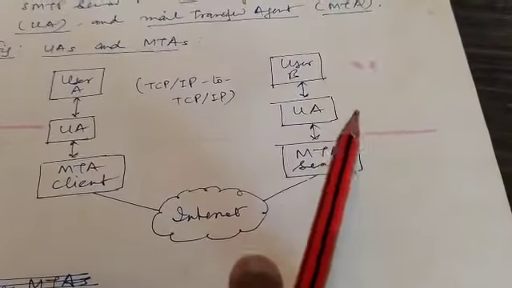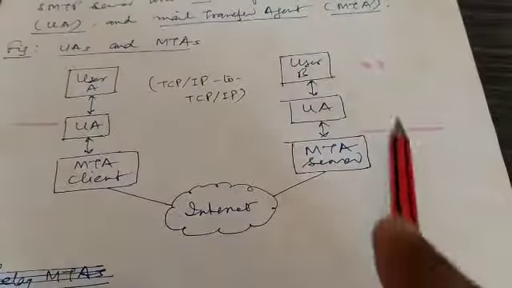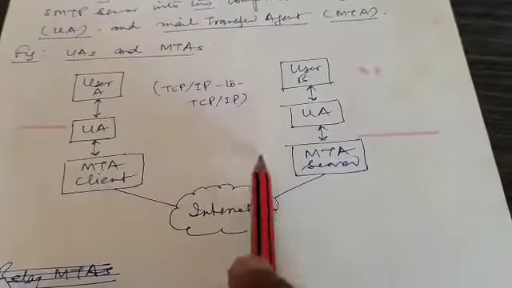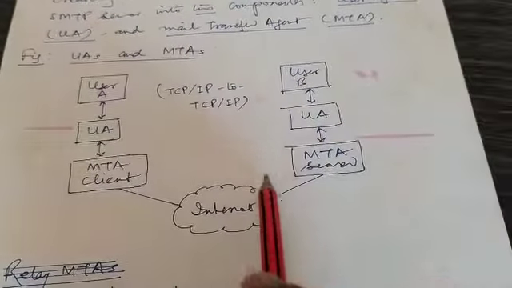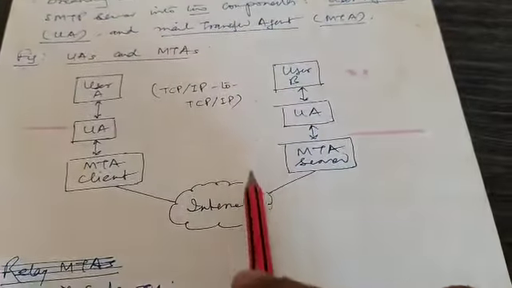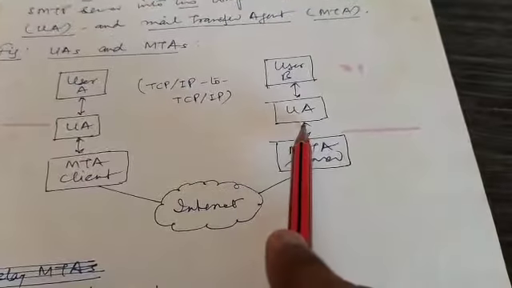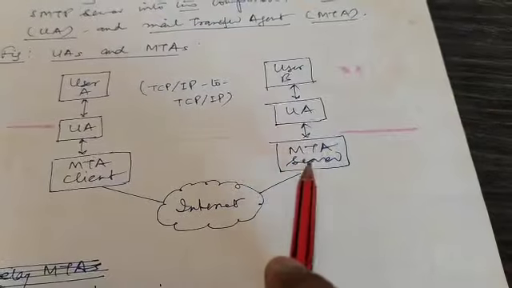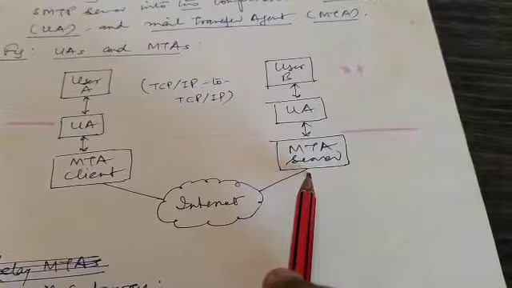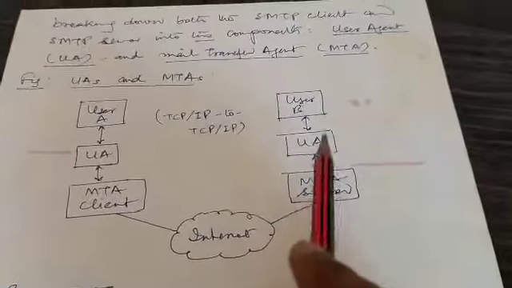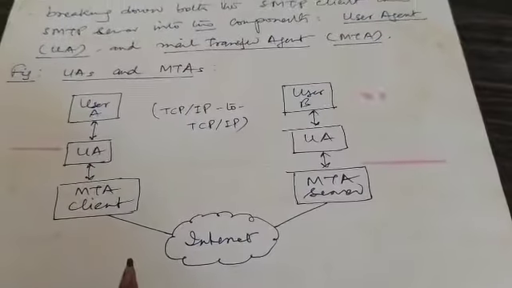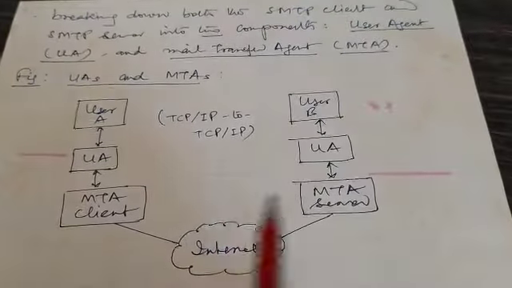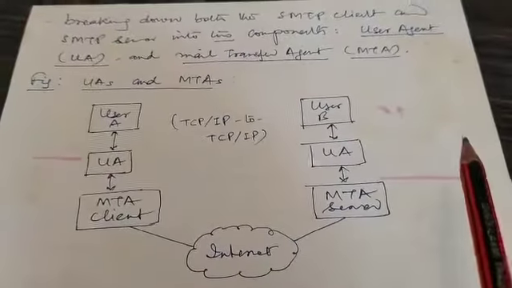And similarly on the server side, the SMTP server has been shown to have these two components or two parts, that is the UA is the one and the second one is the MTA server. So we have these two parts, UA and MTA. Fine.